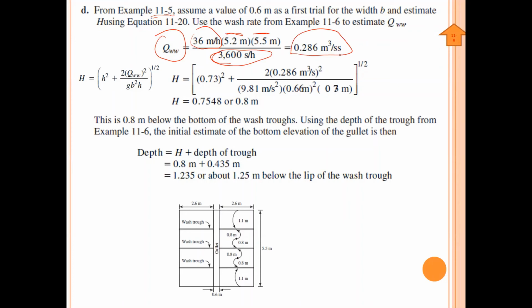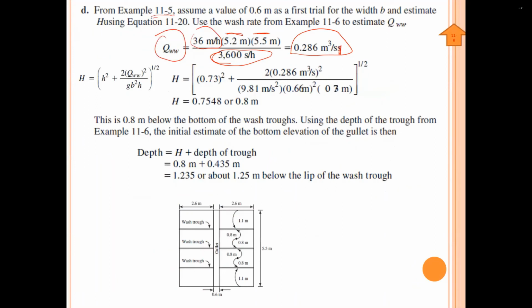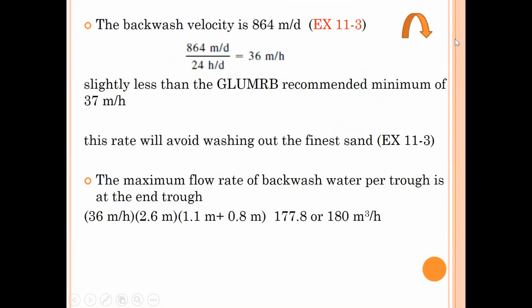So this is meter cube per second. Remember this one we already have calculated. Anyway, backwash velocity was 36 meter per hour.